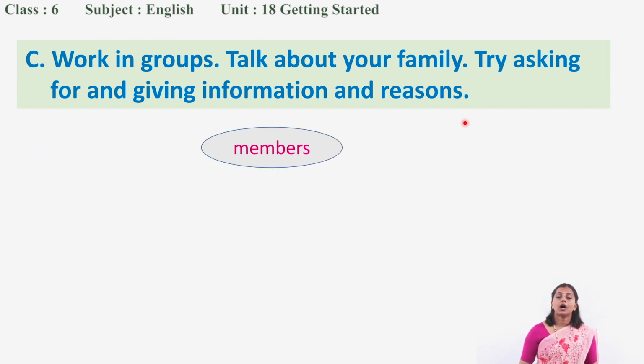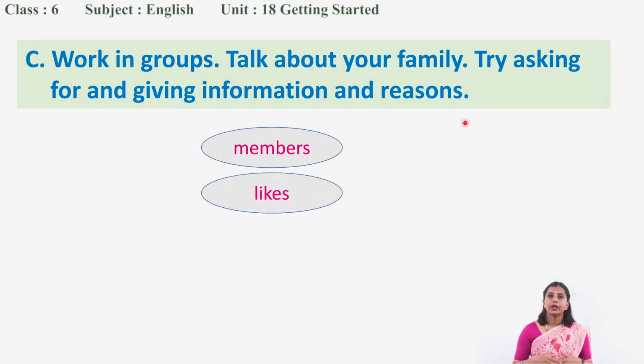You can talk about how many members are there in your family, who they are, how many elderly people there are, and whether you have younger brothers and sisters. So you can talk about the family members. You can also talk about their likes and dislikes. What do they like? What are their hobbies? What food do they like? What sports do they like? Do they have any favorite shows? These things you can ask your friends.